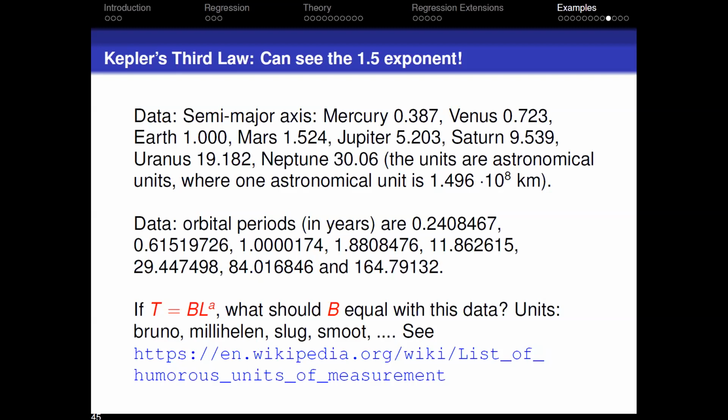When you look at this, can you figure out where that constant b should be by looking at this data? T equals b L to the a. When you look at this, do you have any idea what b should be? If you look at the data carefully, it screams what b should be.